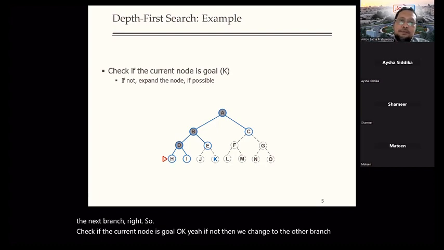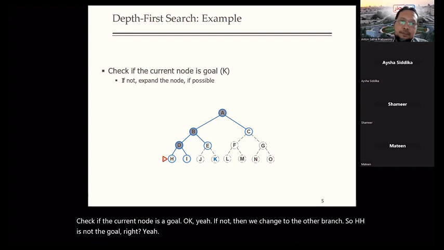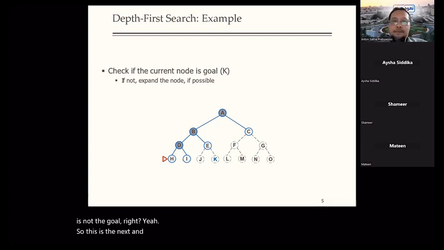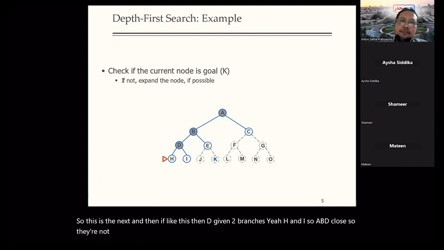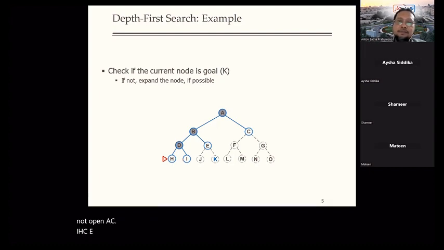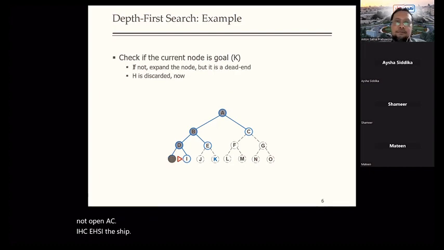H is not the goal. Then D gives two branches, H and I. So A, B, D are closed, and now open are C, E, H, I.